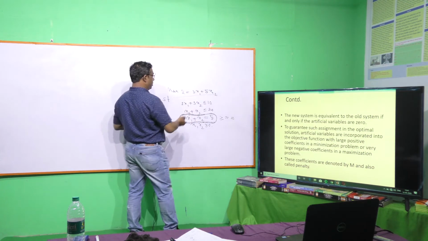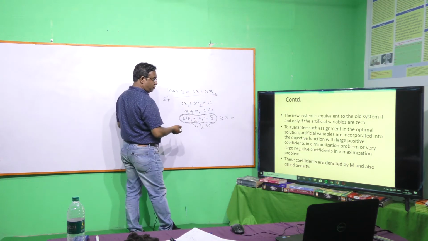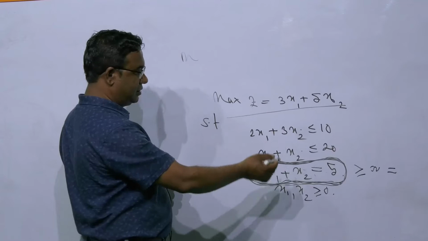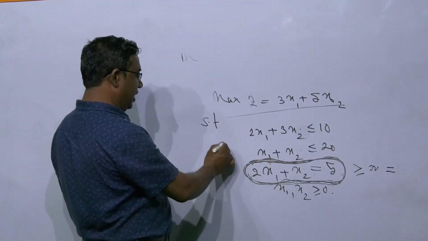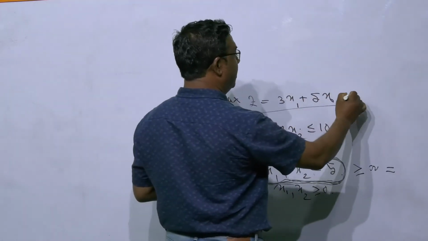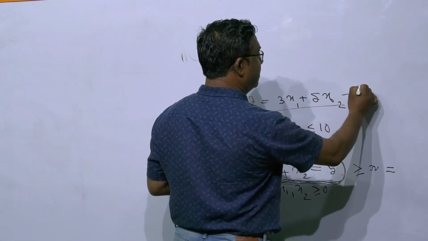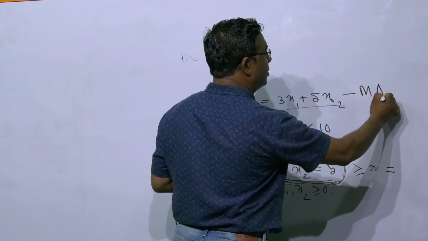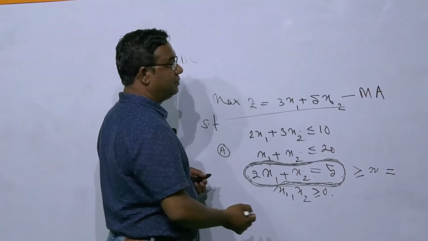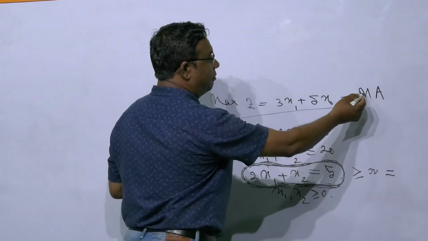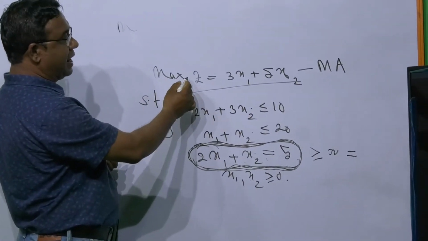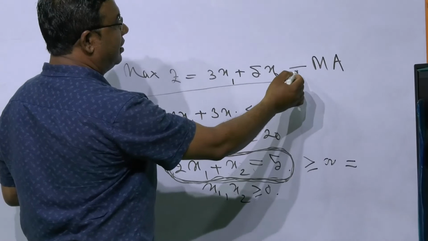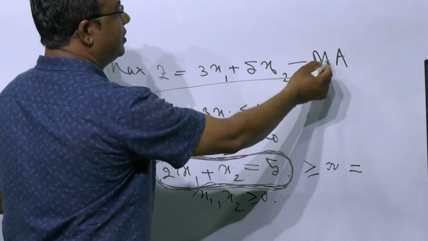Now we have to incorporate the artificial variable. Suppose the artificial variable we have to put is a. Then we write minus M into a, where a is the artificial variable and M is a very big number. So the problem is of maximization type, so we have to write minus M into a.